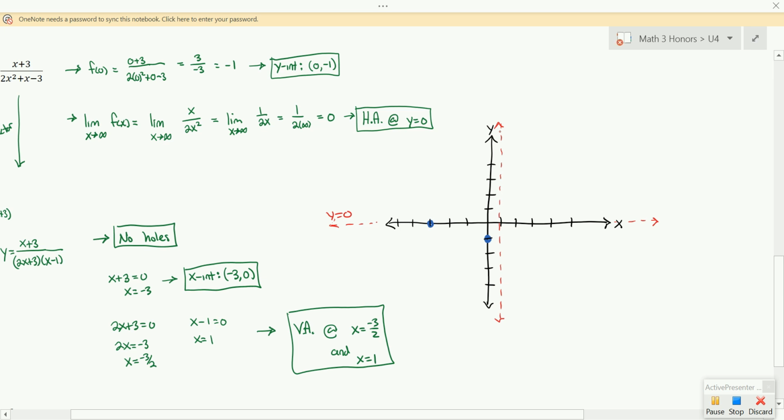So if you think of that as a decimal, what would that be in decimal form? -1.5. So right here. Label those. So x equals -3/2 and x equals 1.